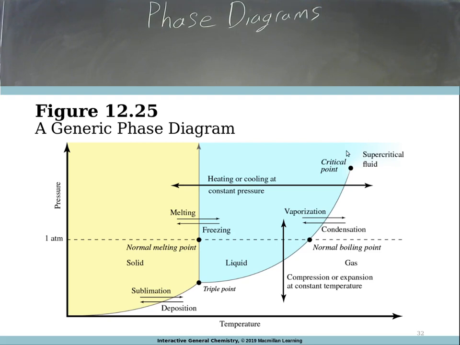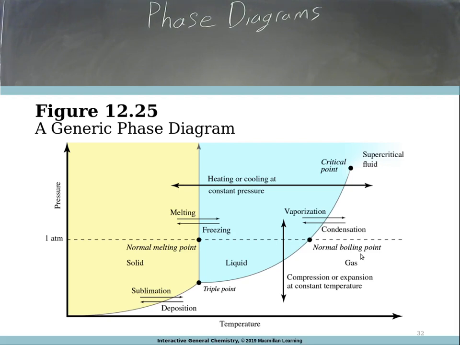And what you can do is change the pressure or change the temperature and end up clearly within either the liquid or the gas region without ever observing a phase change. So let's say I start here in the middle of the gas region.